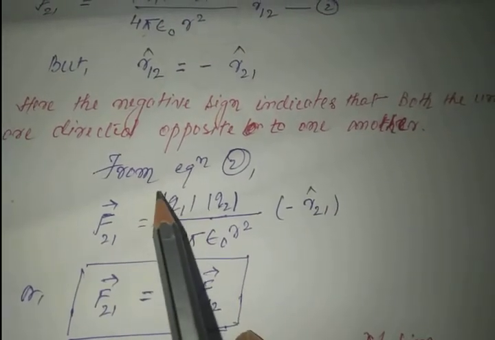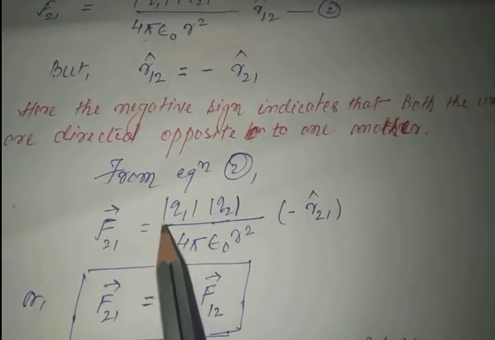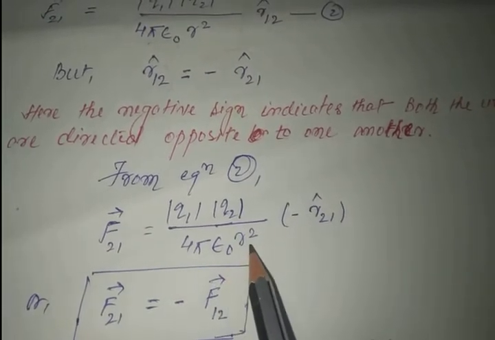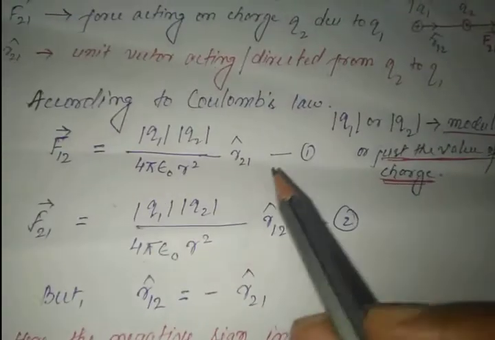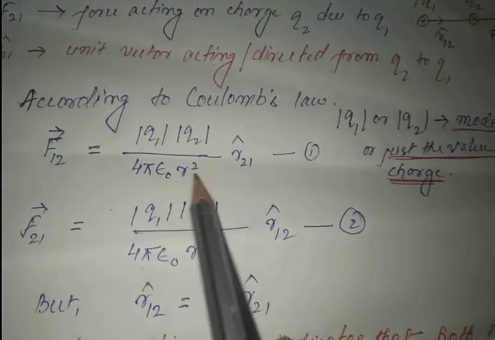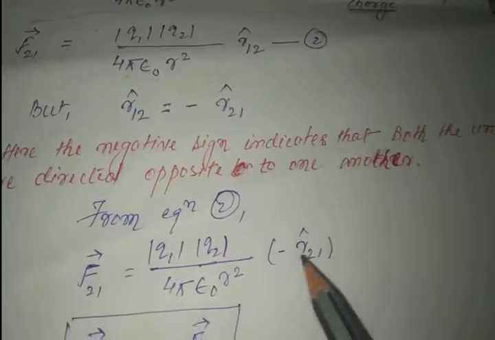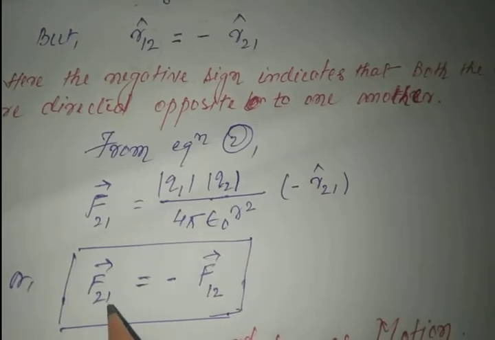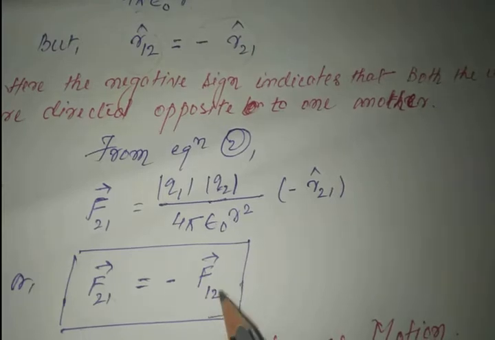If we forget the negative part, this entire quantity Q1 Q2 divided by 4 pi epsilon naught r square R21 cap is F12. So we replace this entire term by F12. We get F21 vector equals minus of F12.